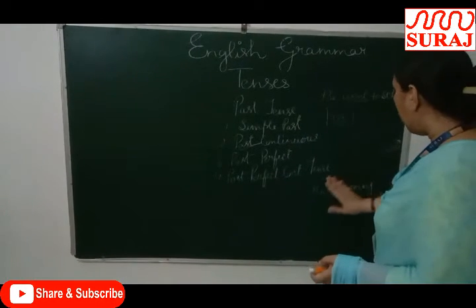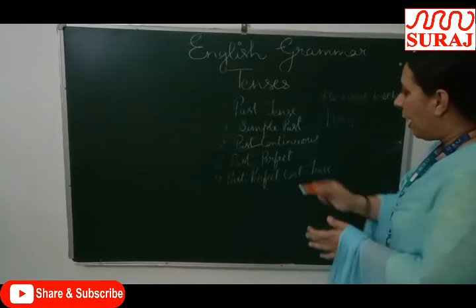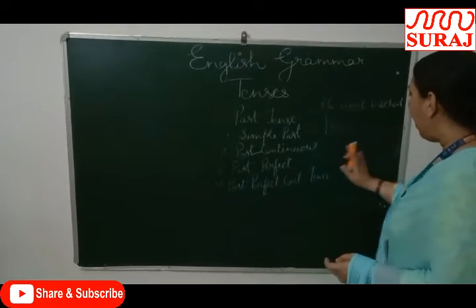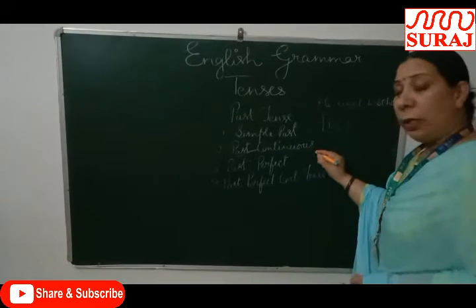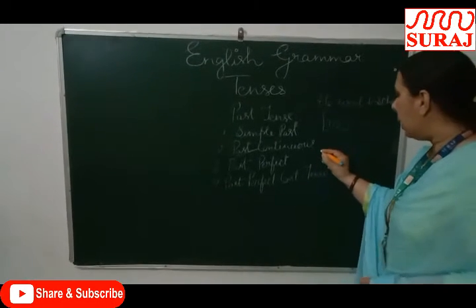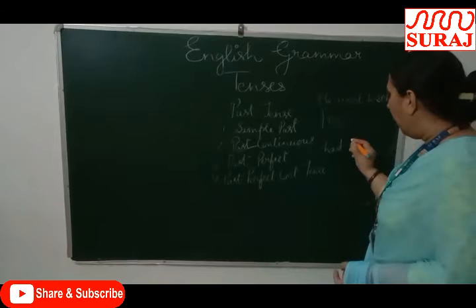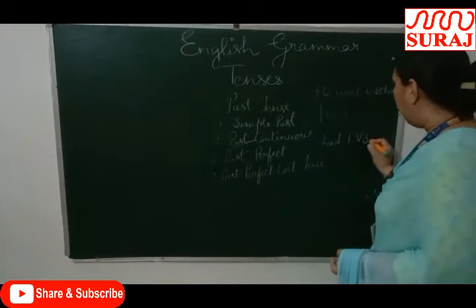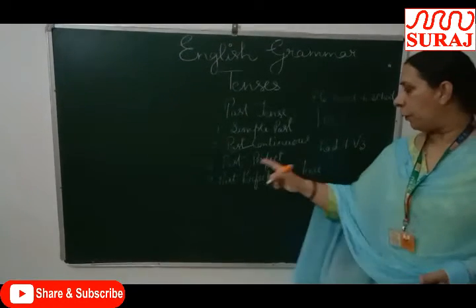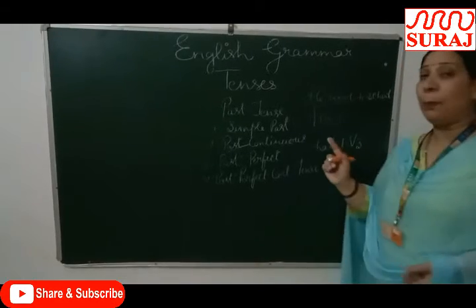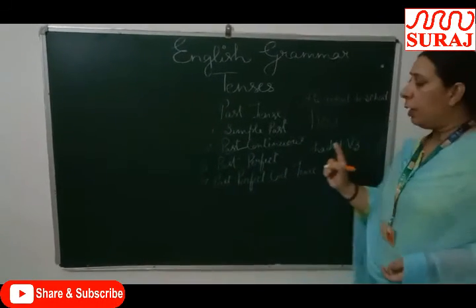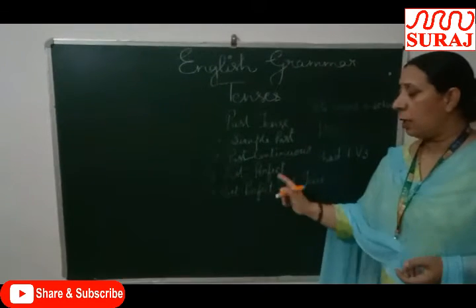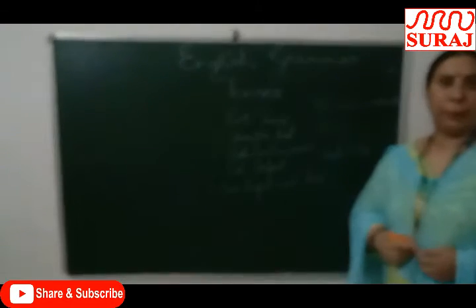Now let us see past perfect tense. The rule implemented in this tense is had plus verb third form. In past perfect, present perfect and future perfect, the verb third form is used. It means in perfect tense the verb third form is implemented.